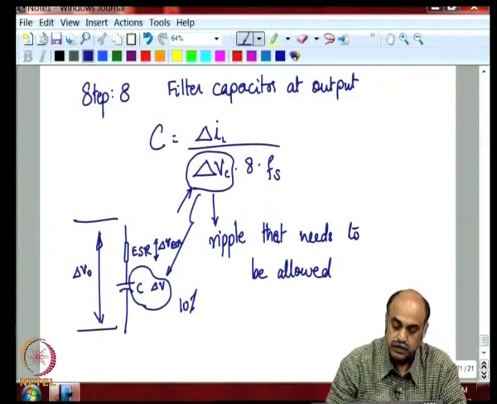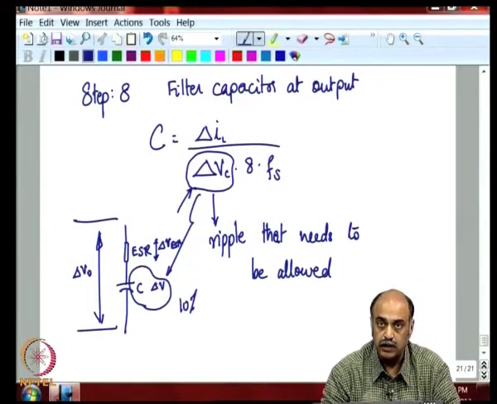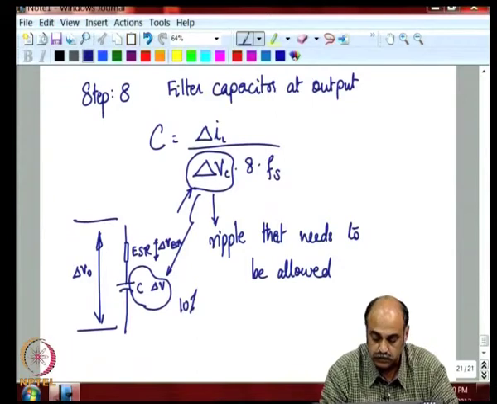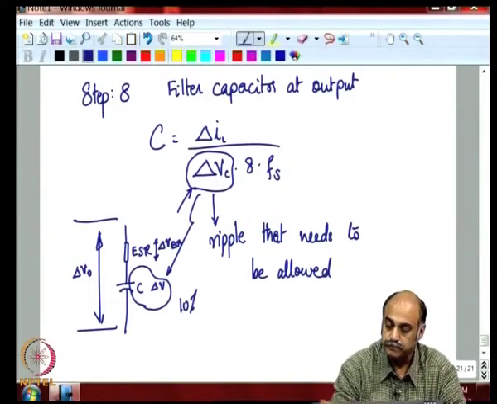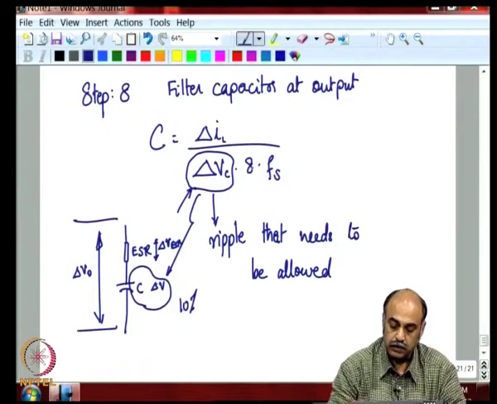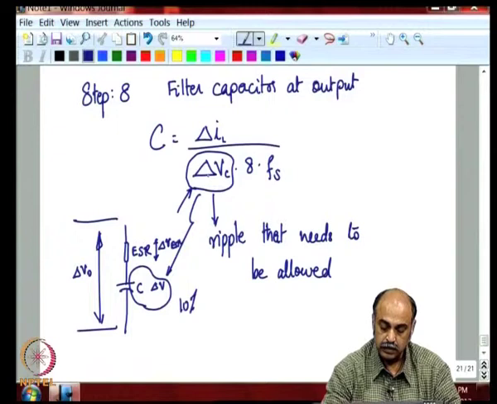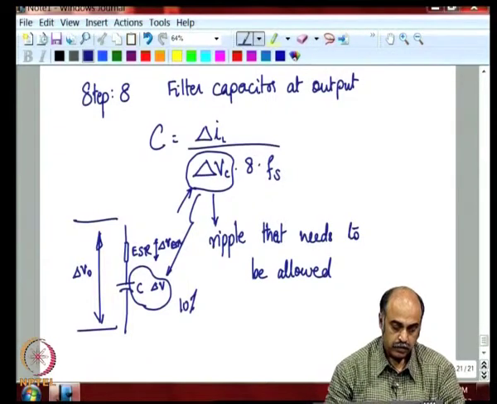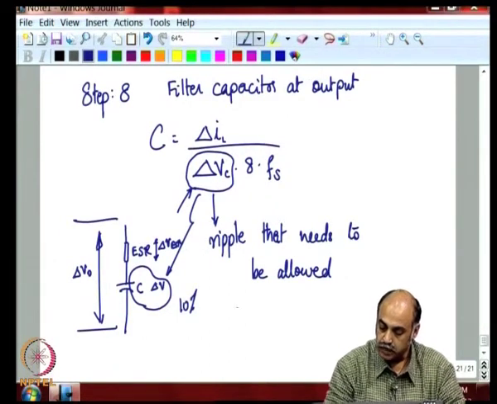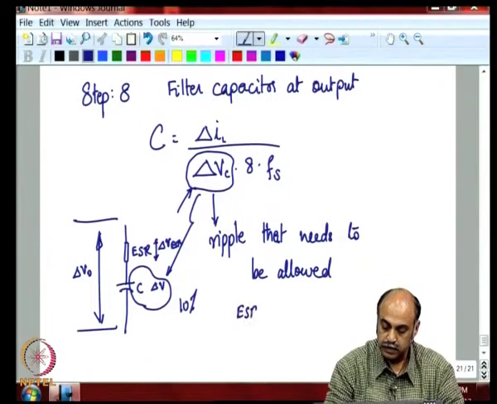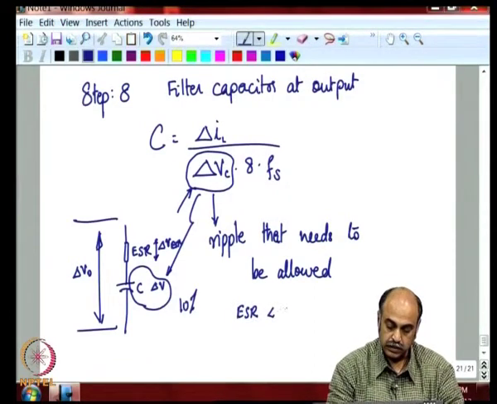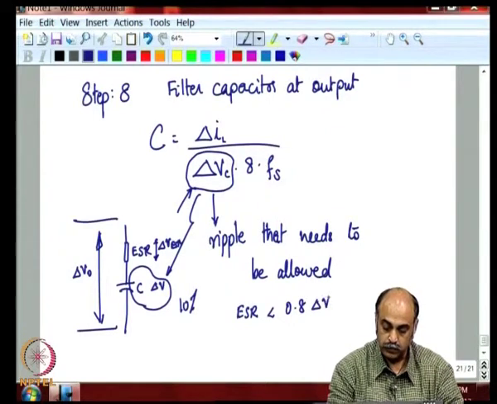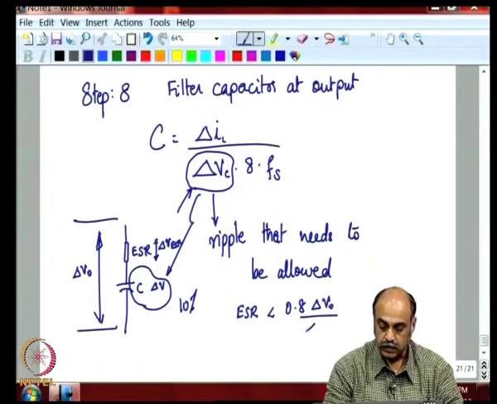So, just 10% of ripple across C by the fundamentals of the C, physics of the C, delta V variation, and the remaining follows. Therefore, you will be taking 0.1 of the output ripple. Then you could also estimate the ESR of the capacitance should be less than 0.8 times delta V naught by delta I L.